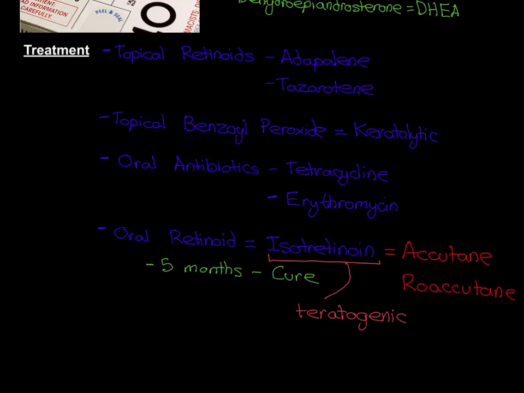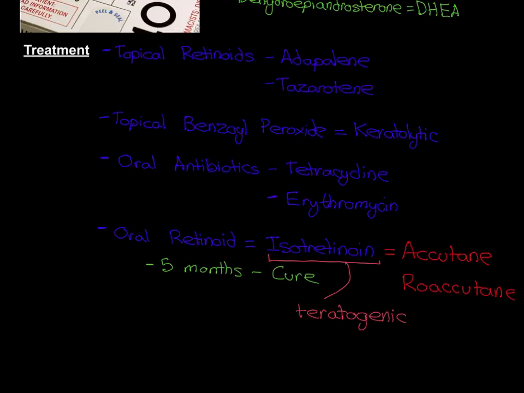These are going to work by killing Propionibacterium acnes and stopping it from colonizing the sebum that is building up inside the hair follicle to form a whitehead, and therefore if the hair follicle does burst into the dermis, you're not going to have the same degree of colonization by Propionibacterium acnes, and you're not going to get the same degree of inflammation, and therefore the acne lesions are going to look less severe, and you're going to get less scarring. So they can be useful in the treatment of acne.